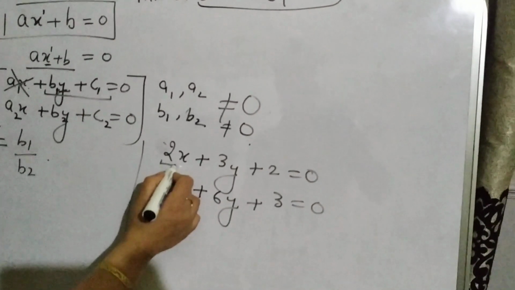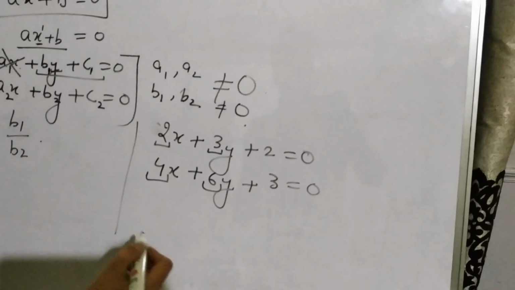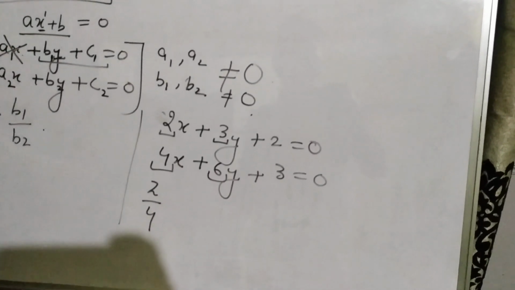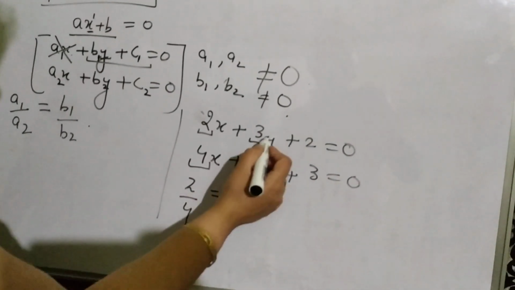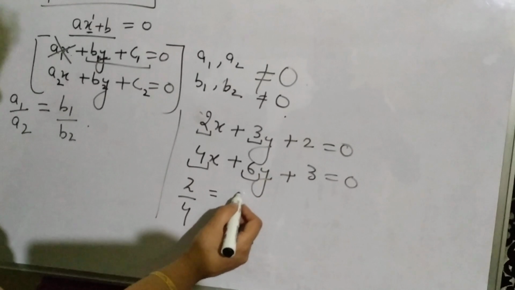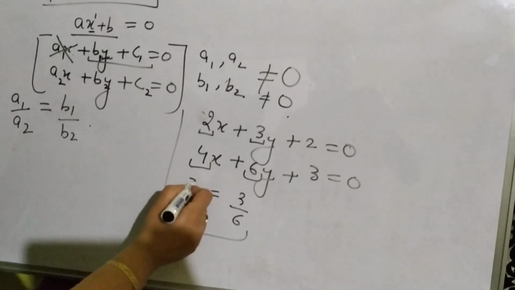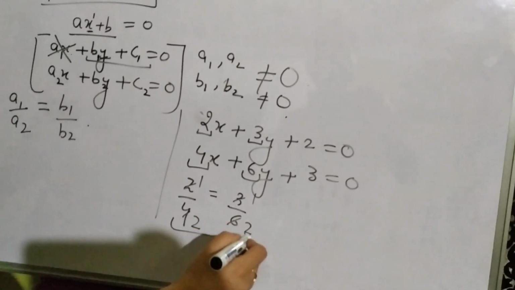Now you know that this is your a1 and this is your b1, a2 and b2. It means a1 upon a2 is 2 upon 4, equal to b1 upon b2, that is 3 upon 6. First of all we have to check whether they are equal or not. 2 ones are 2, 2 twos are 4, 3 ones are 3, 3 twos are 6.